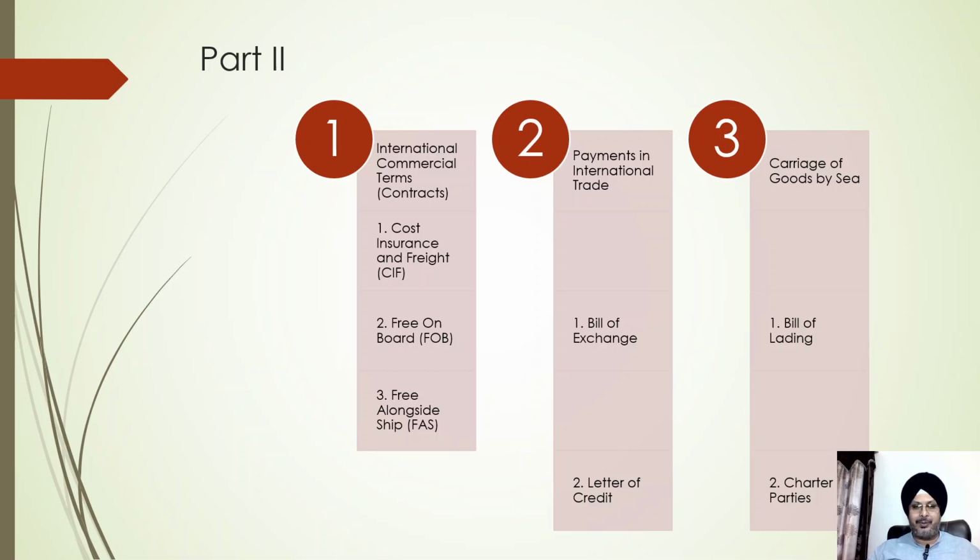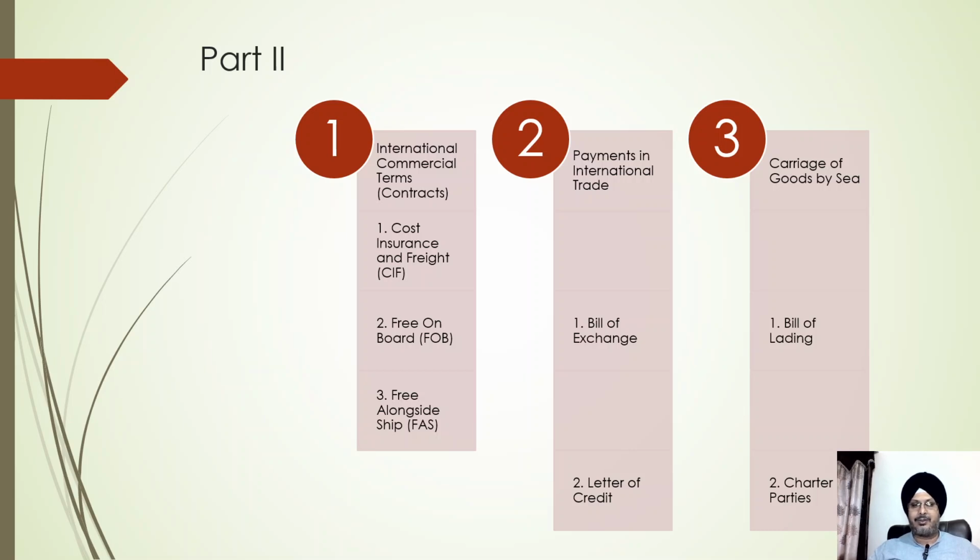There are two important modes used by international traders: one is the bill of exchange and another is the letter of credit. What do bill of exchange and letter of credit mean? What rights and duties are there, and when does the responsibility or liability of one party begin or come to an end? This will be discussed in topic 2 of part 2.